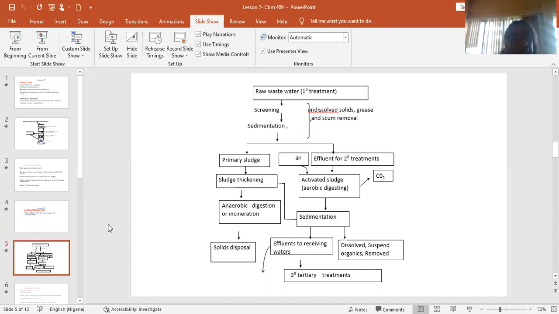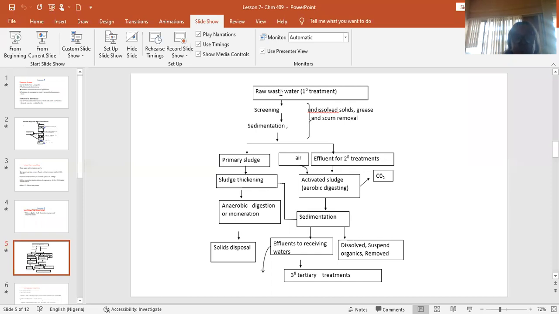So this is the method of wastewater treatment. The first stage is that we have the raw wastewater, and it goes through what we call the primary treatment. This actually includes both the primary treatment as well as the pre-treatment, because we go through what we call screening.